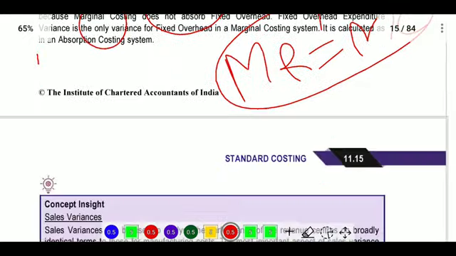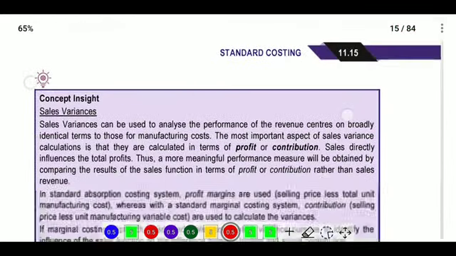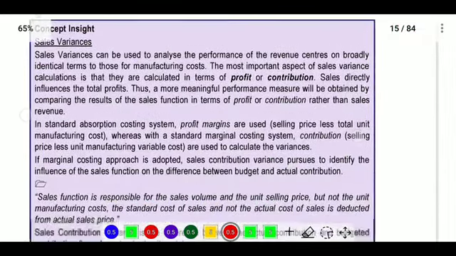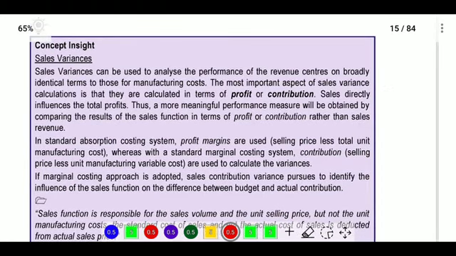Next, here we will calculate the absorption costing system. Inside sales variance: sales variance can be used to analyze the performance of revenue centers on broadly identical terms to those for manufacturing cost.